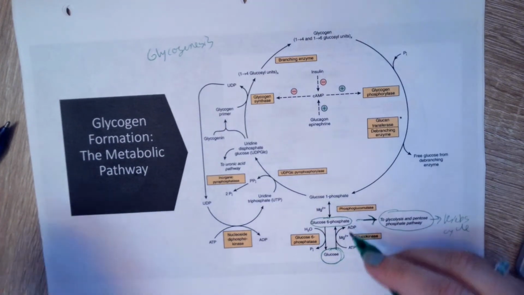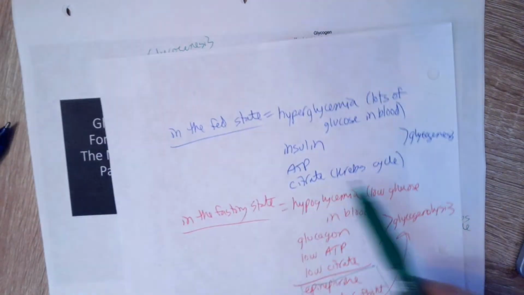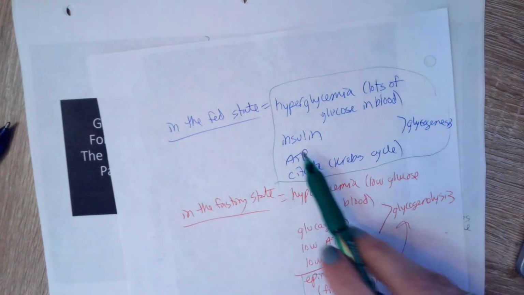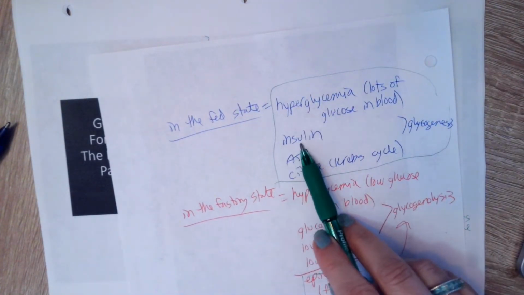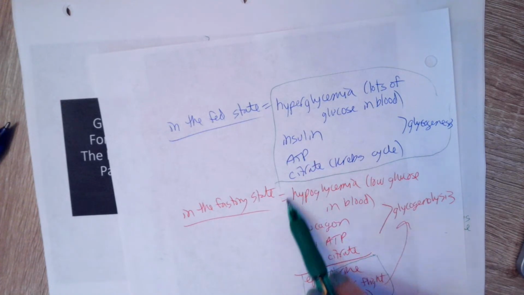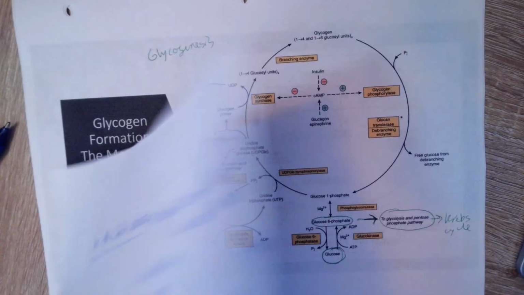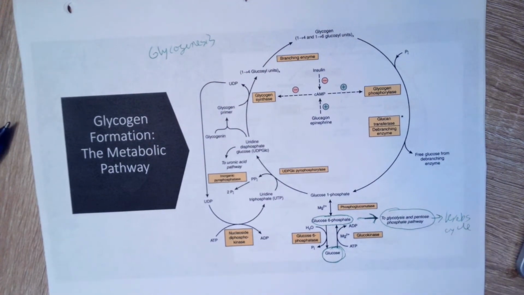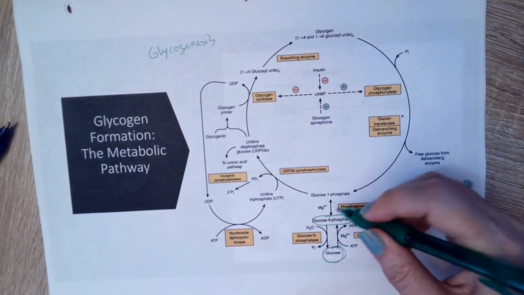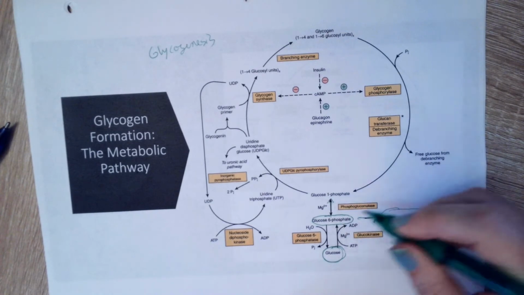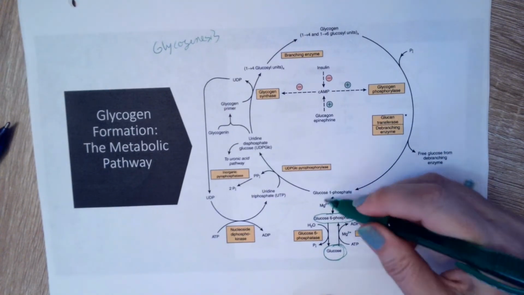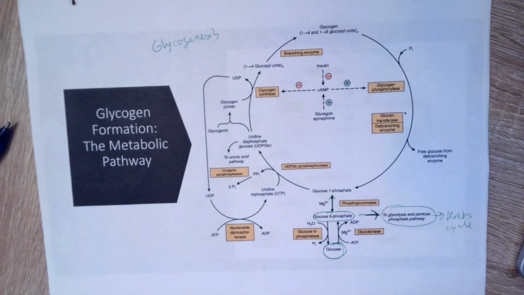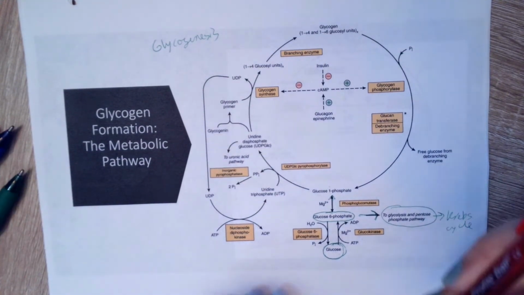Now, if we have our situations here, so hyperglycemia, insulin present, lots of ATP, lots of citrate, we don't really need to do this. We've done enough of that. We're going to instead go this way. And we're going to change our glucose 6-phosphate into glucose 1-phosphate. And now we are in the glycogenesis portion.